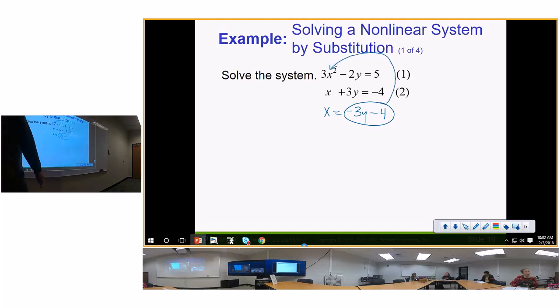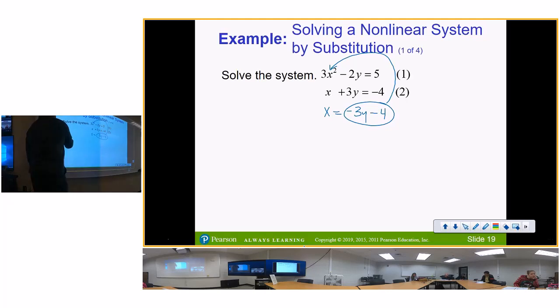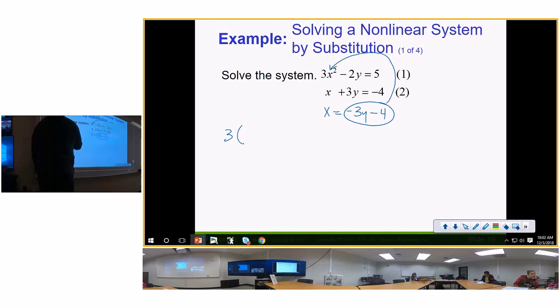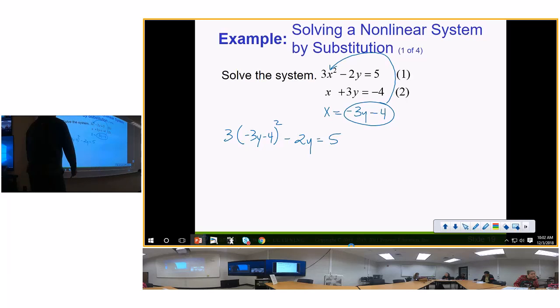You're just going to have shortcut number 2. So 3 times negative 3y minus 4 quantity squared minus 2y is equal to what? 5. And that's going to be shortcut number what? Number 2, Hubert.